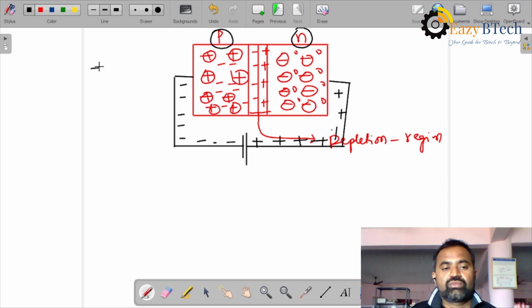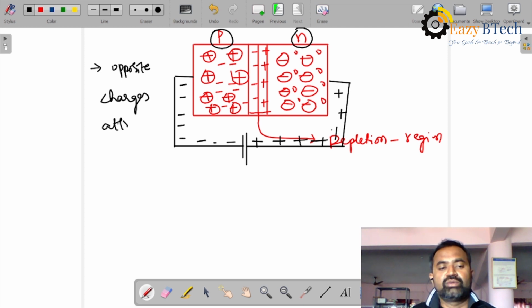Opposite charges attract. The majority carriers in P-type are holes.